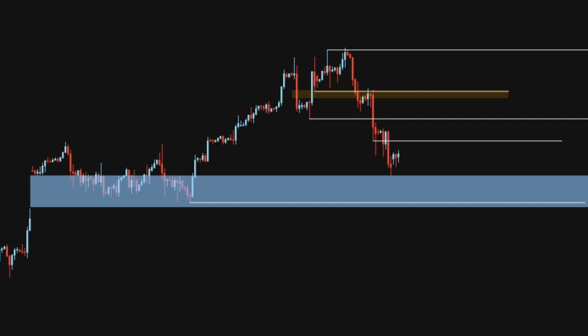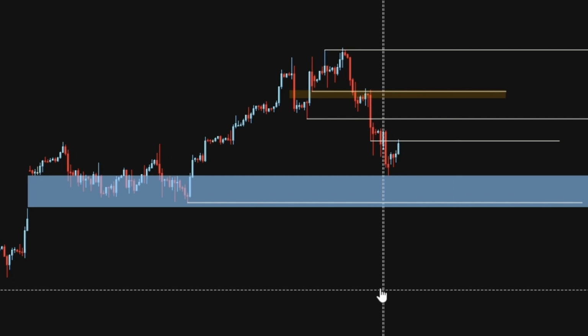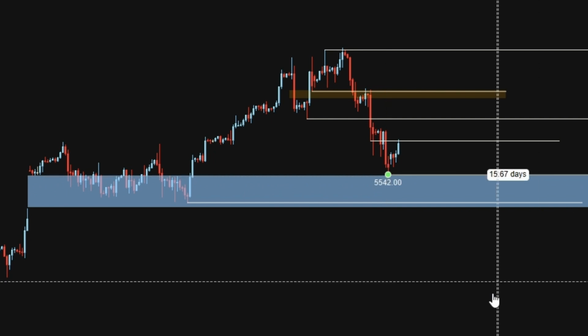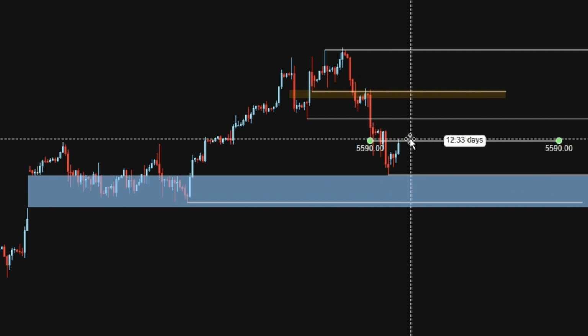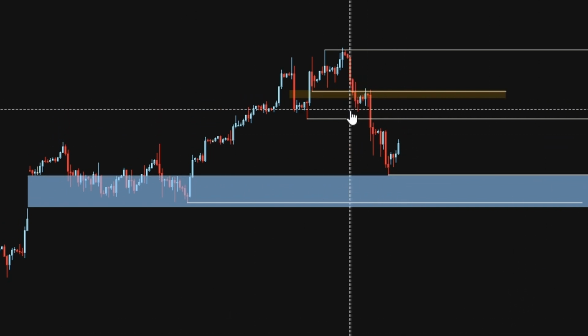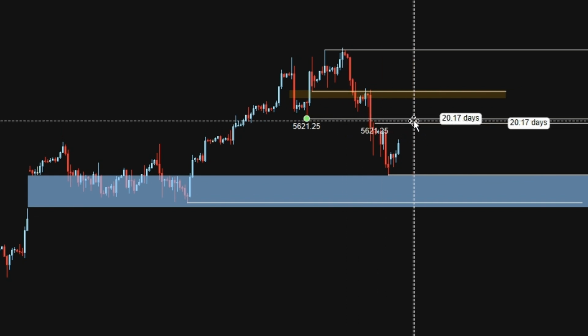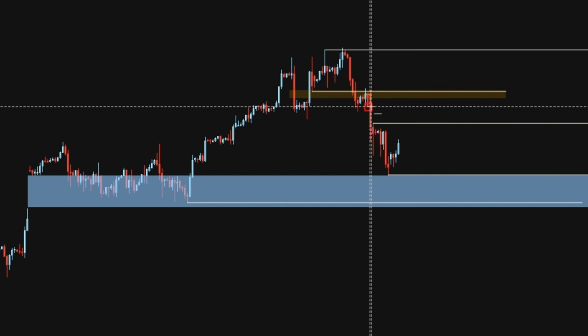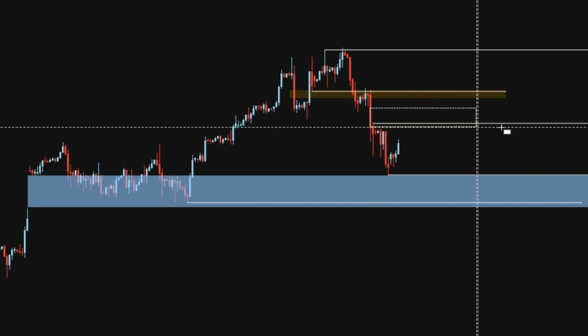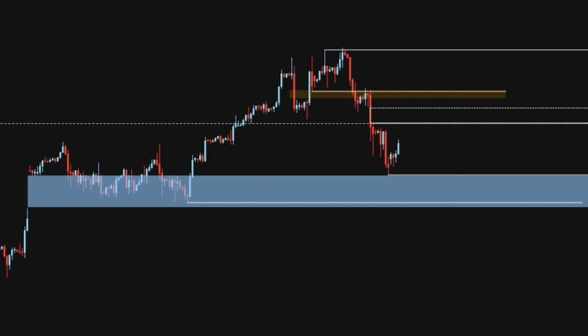So we are testing the volume imbalance. We are going to be looking for this low here. We have a bearish fair value gap here.